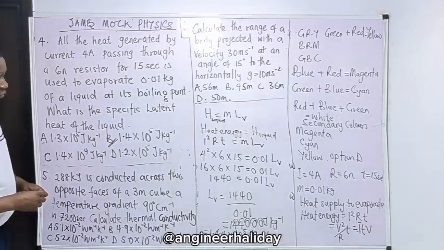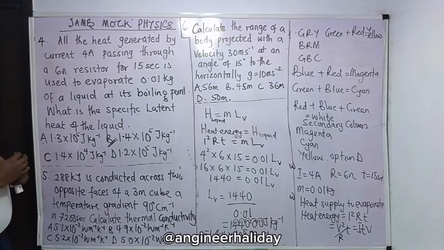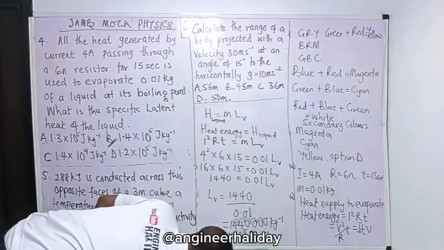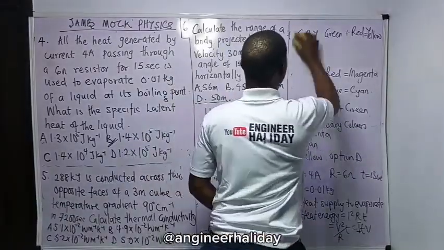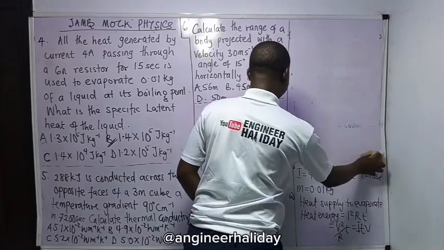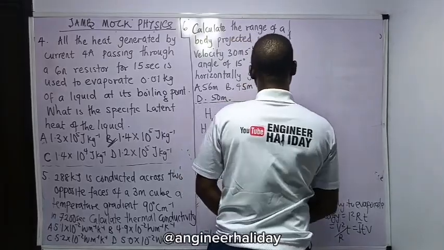Now let's go to the second one, which is number 5. Number 5 is another question that has to do with thermal conductivity. We all understand that the rate of heat supply to a body is equal to the thermal conductivity times area times temperature gradient.